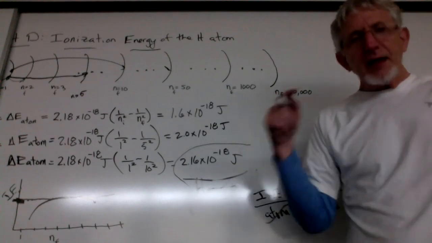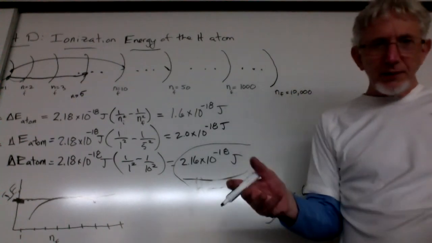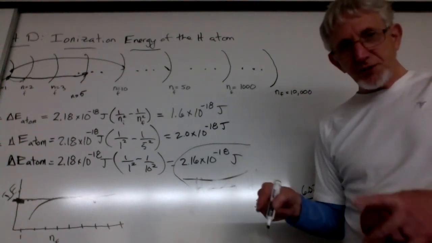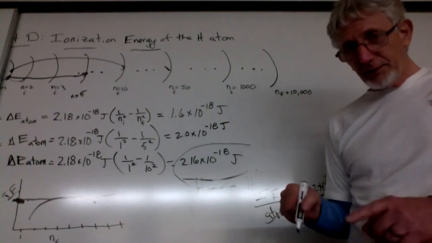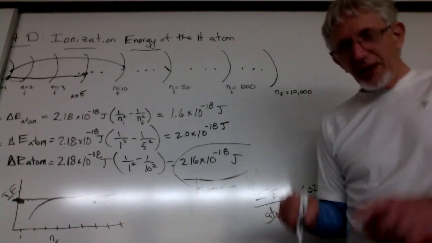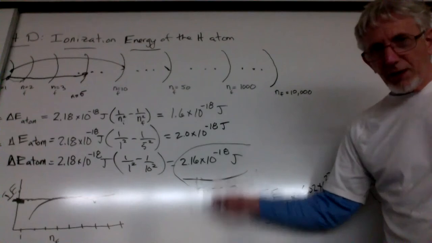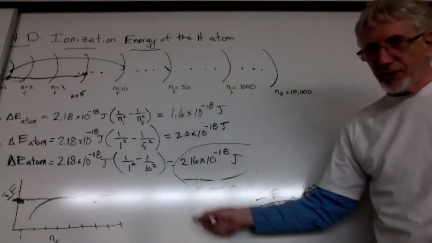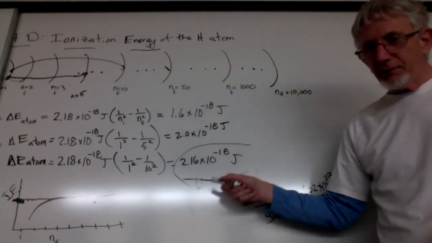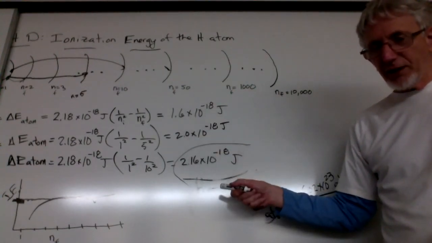And now look on the web for the experimentally determined ionization energy for hydrogen, and compare that to the ionization energy that the Bohr model, this theory, predicts for hydrogen.